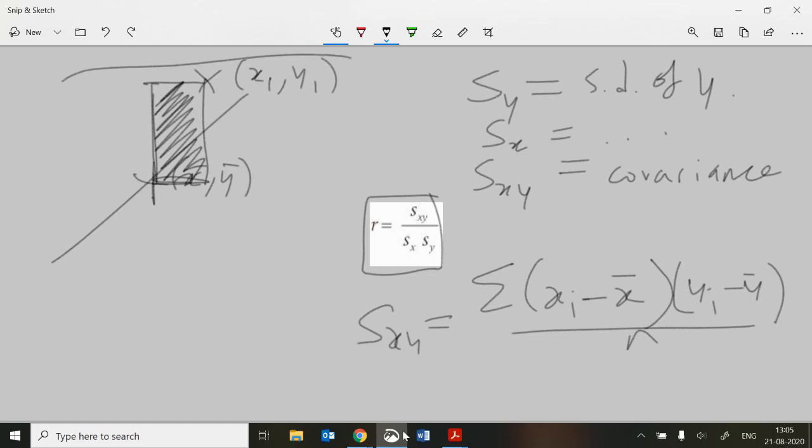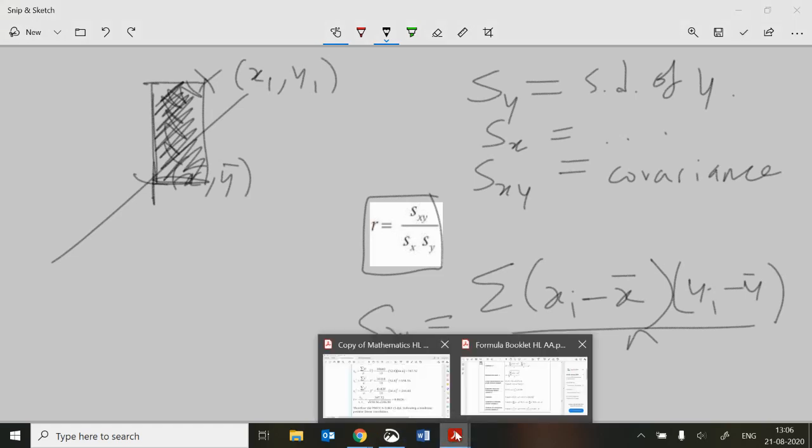But as a geometric explanation of what the covariance is, it's basically adding together all of your rectangles. Obviously if the points are further away from x bar, y bar, then these rectangles are going to be much bigger and your covariance is going to be much bigger as well. It's basically like a variance in 2 dimensions.